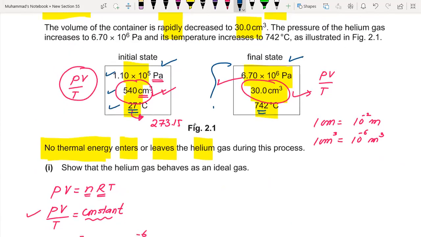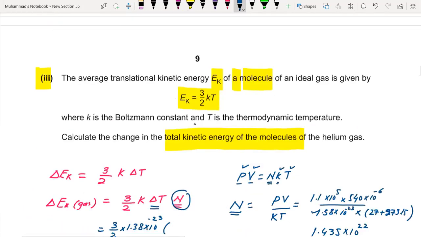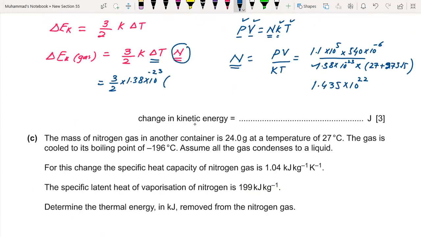Initial temperature is 27. So change in temperature is 742 minus 27. If you convert this to Kelvin and then subtract, the change will be the same. Multiply by the number of molecules that we calculated in the first part. So the change in total kinetic energy would be 212 joules. Very important question.